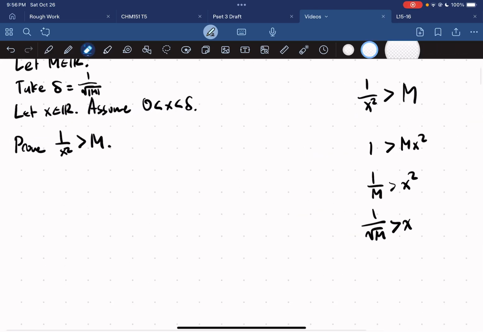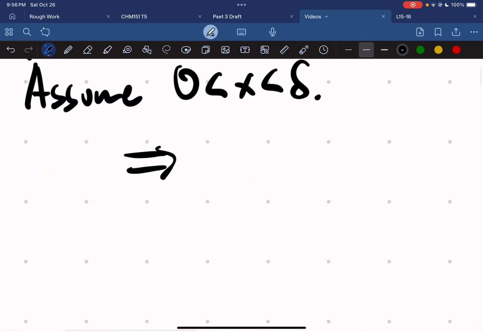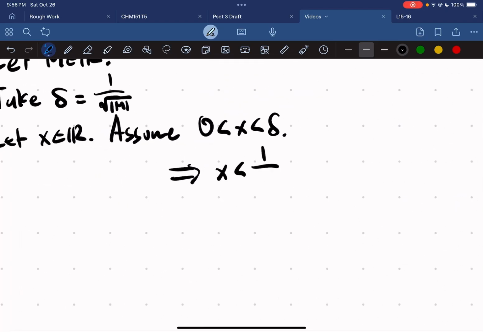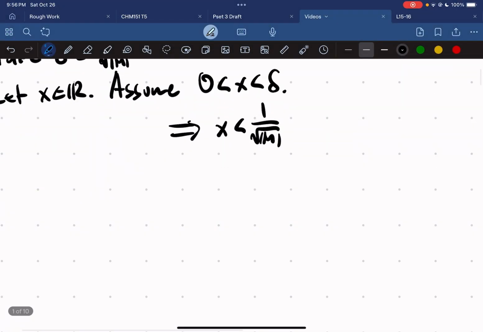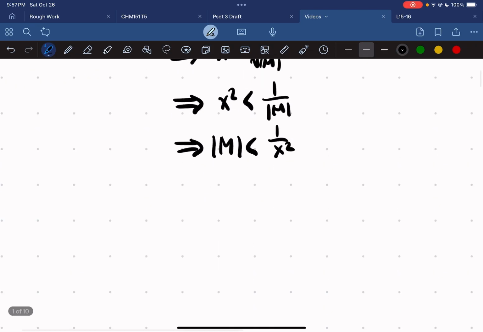So now we can actually do our proof. So we start off with, here we can write a little statement. Therefore, x is less than 1 over the absolute value of m, which implies x squared is less than 1 over the absolute value of m, which implies the absolute value of m is less than 1 over x squared, right?